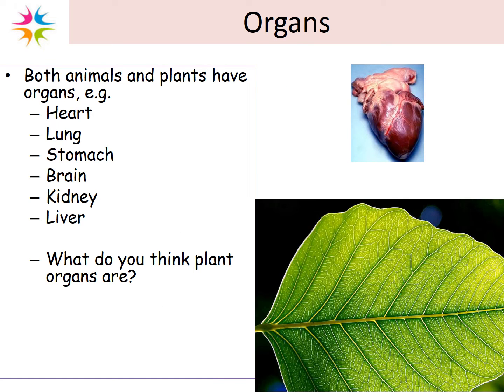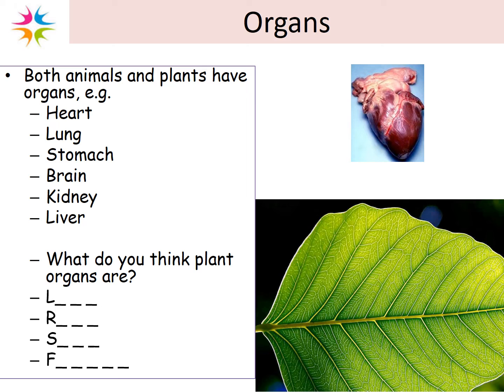Both plants and animals have organs. For example, in animals, you have the heart, the lung, the stomach, the brain, the kidneys, the liver. Your eyes are organs. What about plants? What kind of organs would you find in plants? Any idea?